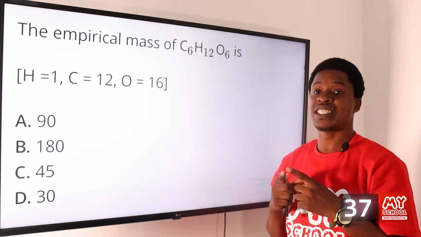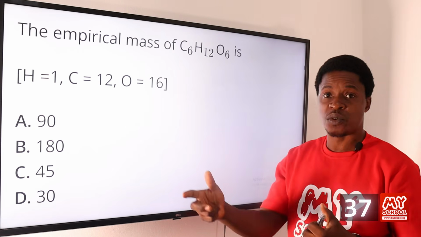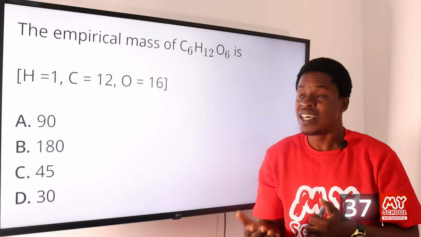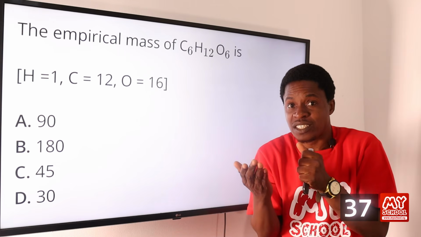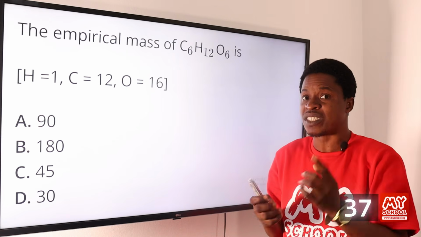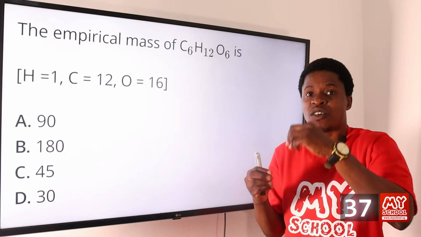From our definition, empirical formula is the simplest ratio in which the atoms of a compound combine together. So it is not the whole number ratio. It is the simplest form in which atoms actually combine together.